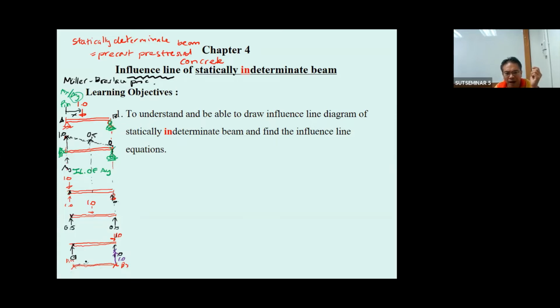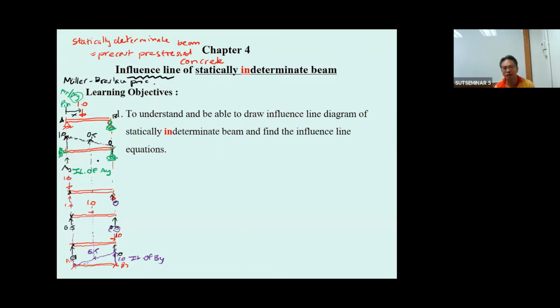The shape of this is going to be the influence line of B sub y. When the force is at A, the B sub y here is 0. When the force moves to the middle, the B sub y is going to be 0.5. When the force is here, the B sub y is 0.